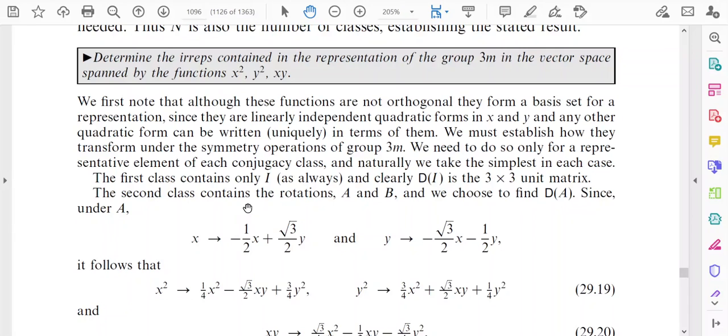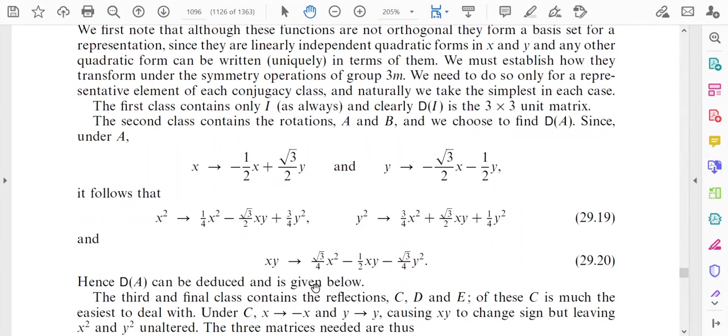Now how to find D(A)? For this we have to check how the basis functions transform under the rotation operation A. This operation we have already discussed in our earlier lecture: if we apply the rotation operation, then x changes as minus half x plus root 3 by 2 y, and y changes as minus root 3 by 2 x minus half y. So if x changes in this way, the square of x will be this, from this we can write the square of y, and the product of x and y will be this.